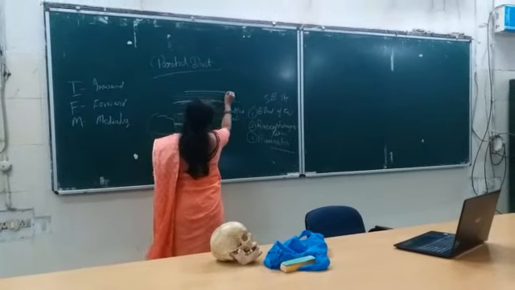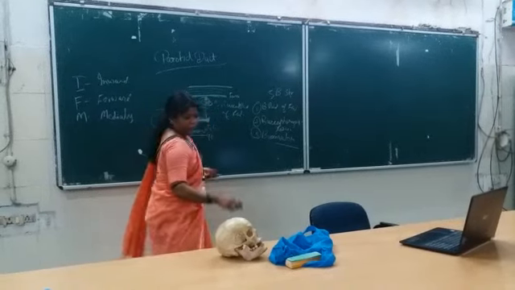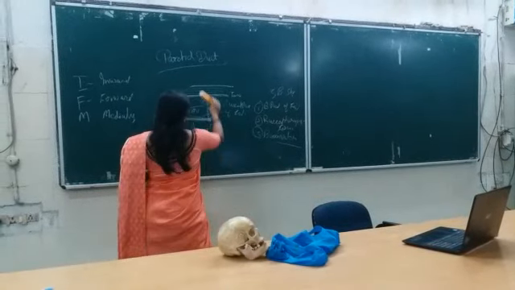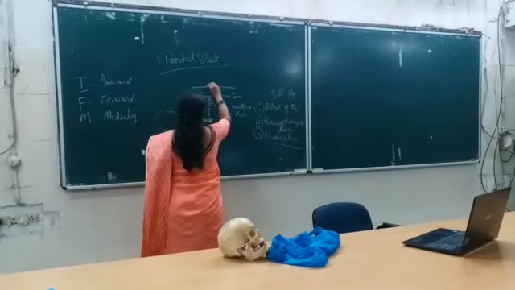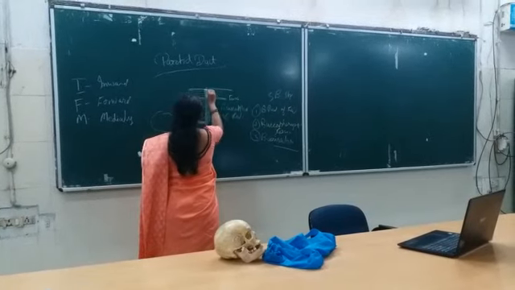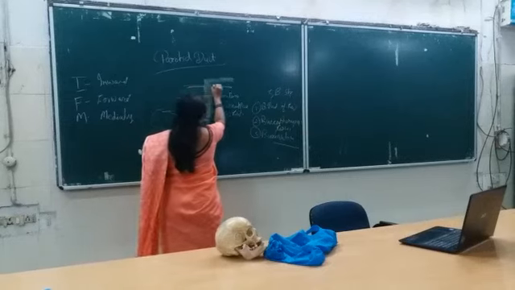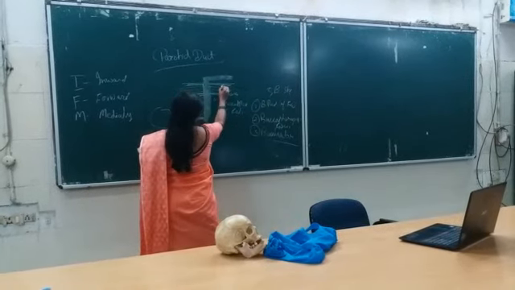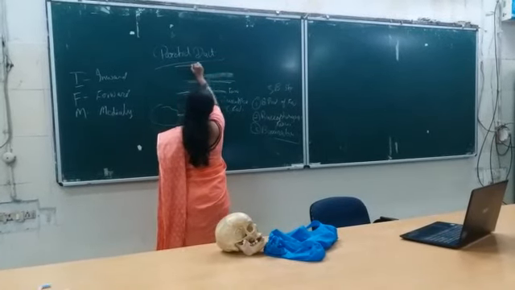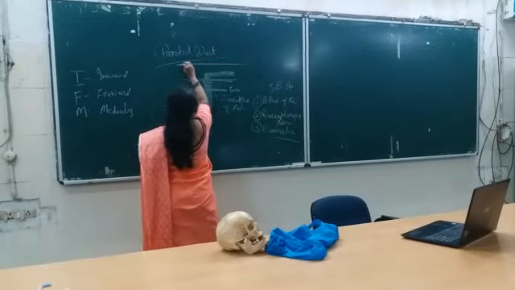Then it moves forwards. After piercing these three structures, it moves forwards in between the buccinator muscle and the buccal mucosa.